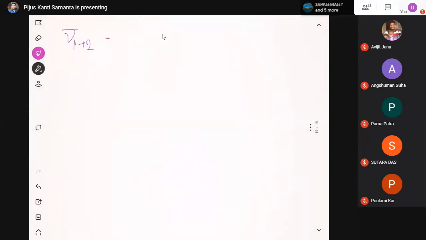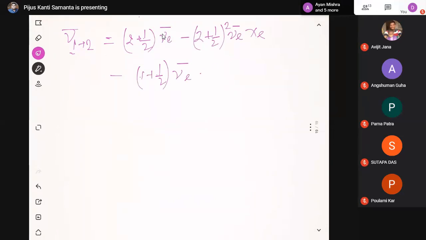In this case, how much will the frequency be? It should be 2 plus half nu bar minus 2 plus half square nu bar chi e minus. Now we have to put this one: 1 plus half nu bar minus 1 plus half square nu bar chi e. So let us do a little bit of calculation.